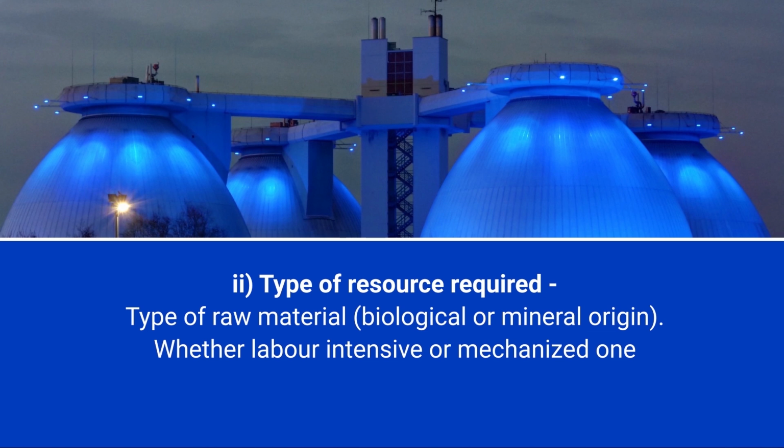For example, what type of raw material will be used in this technology, whether that raw material is of biological origin, natural material, or it is of a mineral origin. So, depending upon the type of raw material required, we would require different types of managerial capabilities.